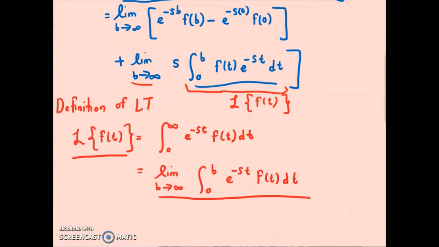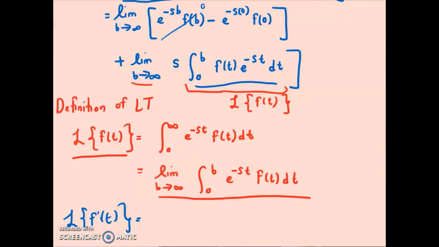Now what we're going to do is simplify this term here. Continuing, we want to find the Laplace transform of f prime of t, which is given as this term here. When b approaches infinity, this term tends to 0. And then e to the power of 0 is 1.